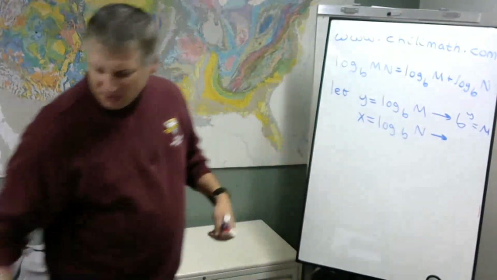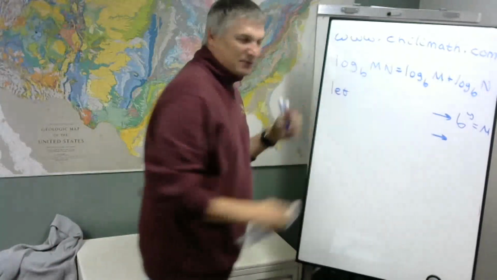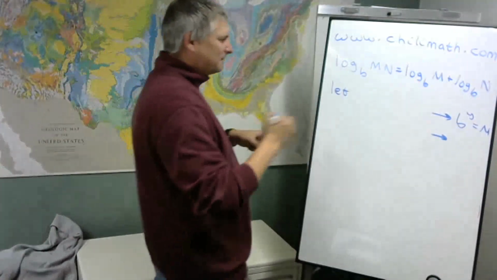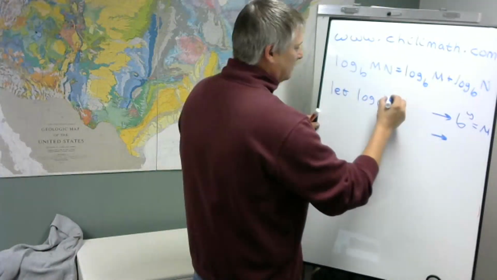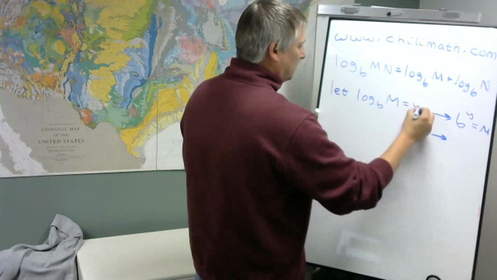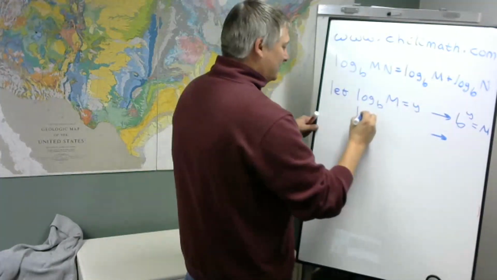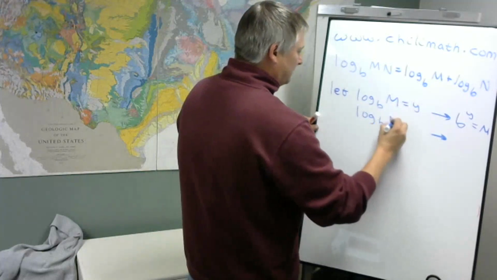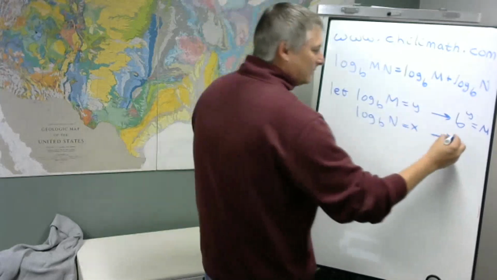And just to be consistent with how we did this before, let me rewrite these, because we have this counterclockwise way of doing it. So log base b of m equals y, so b to the y equals m. And log base b of n equals x, so b to the x is equal to n.